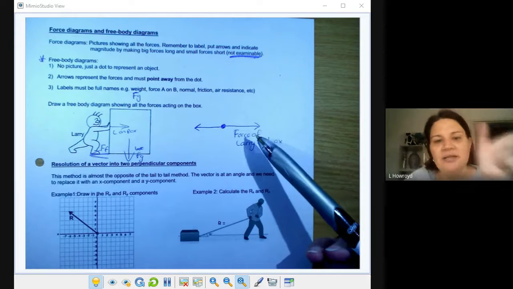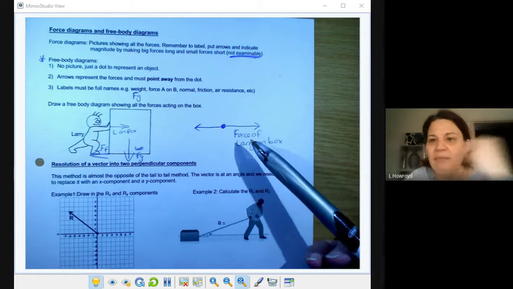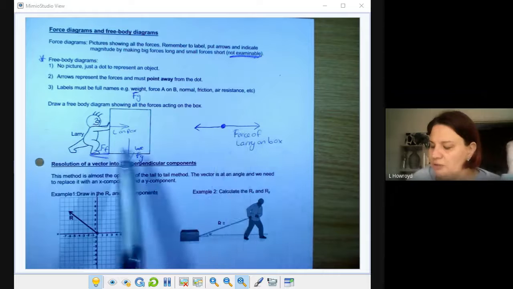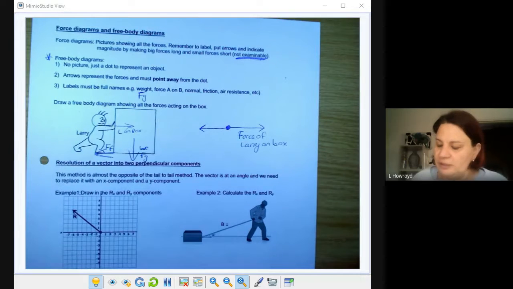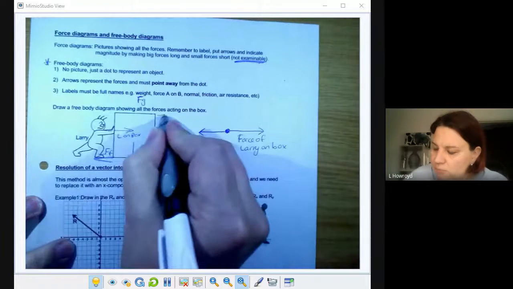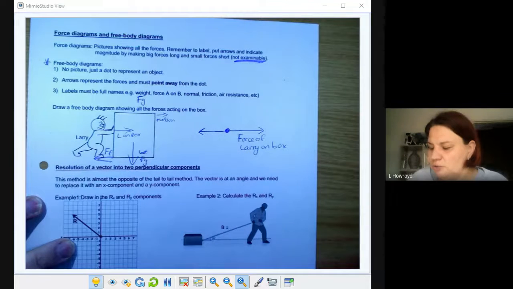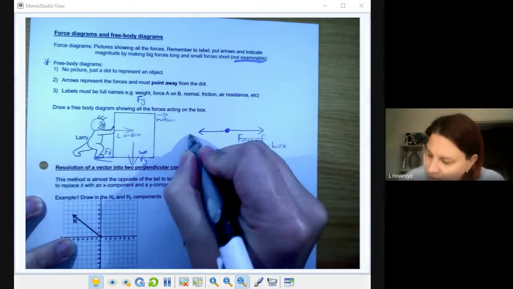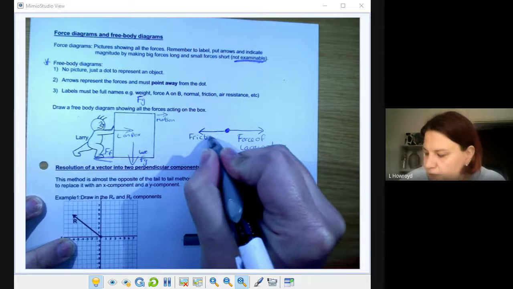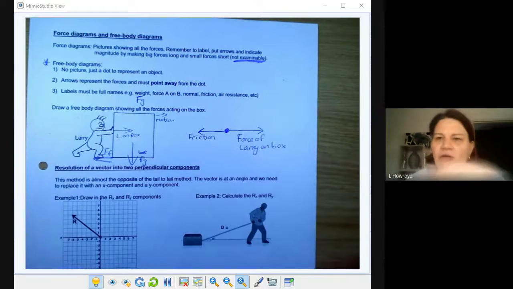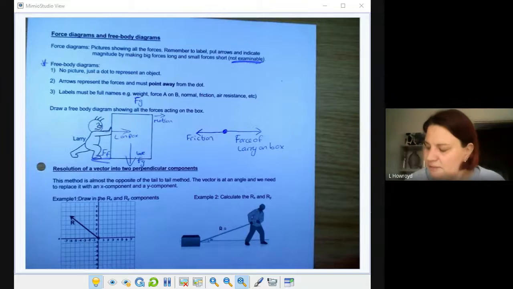Remember, the size of the arrow still indicates a magnitude. Because I'm going to assume that he's moving, there's motion. Because there's motion, I'm going to assume that he has overcome the friction and his force is going to be bigger than the friction. We can just call this friction. We don't have to say friction of box on ground. It's fine to say friction.